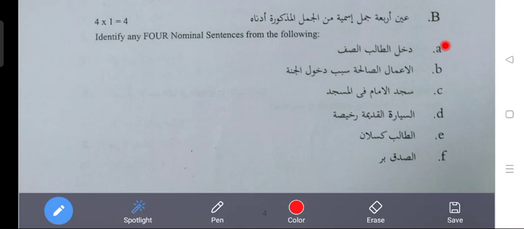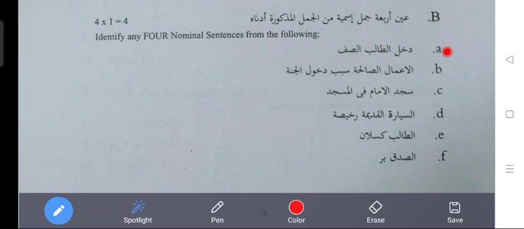If we find any of these 3 signs in the beginning of the sentence, we can consider that sentence a nominal sentence. So here we observe: dakhala talibul saffa. Dakhala means entered, at-talib is student, and as-saff means class. So, the student entered the class.